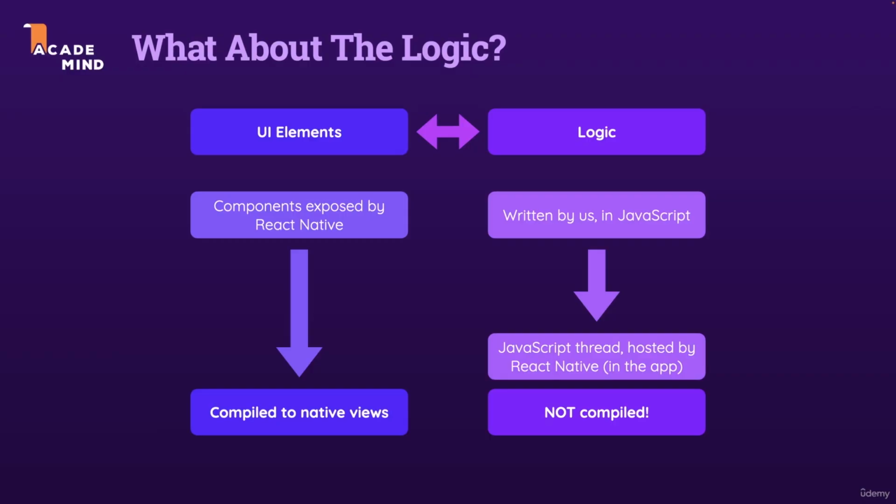And therefore, your JavaScript code will run as JavaScript in the native app that's being built, but it will then talk to the underlying Android or iOS platform through a basic translation bridge, you could say, that is provided by React Native as part of your native app. That's how you can think about this.